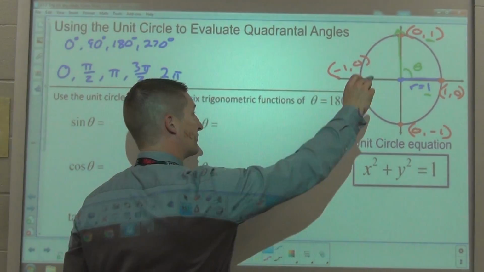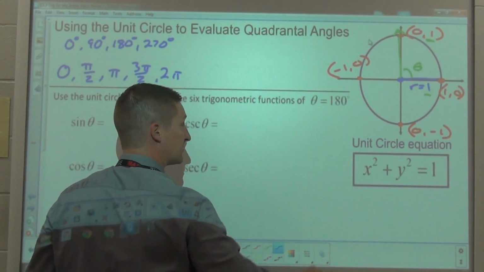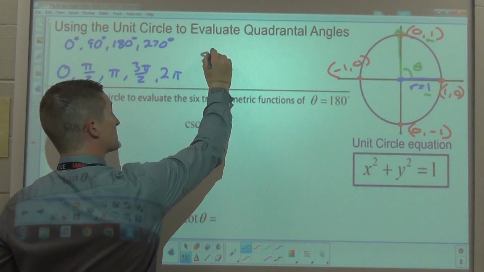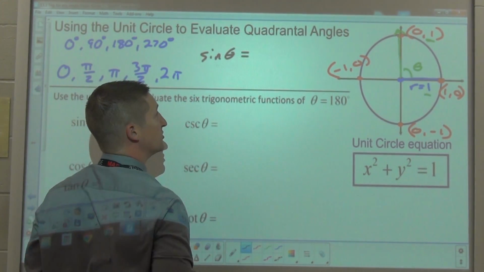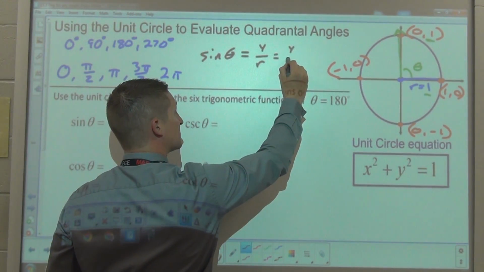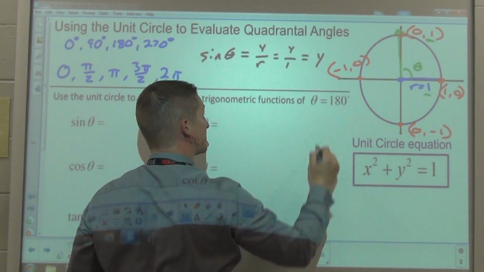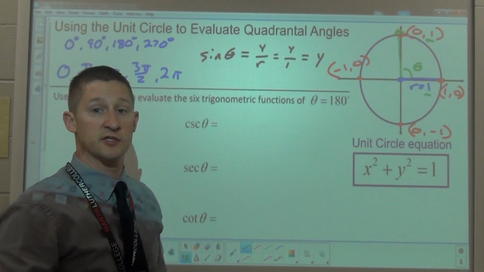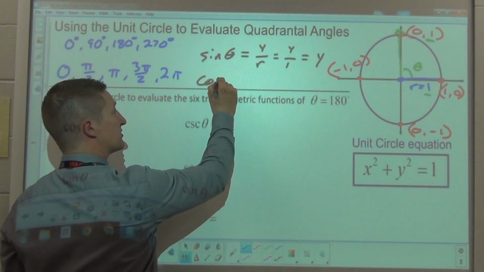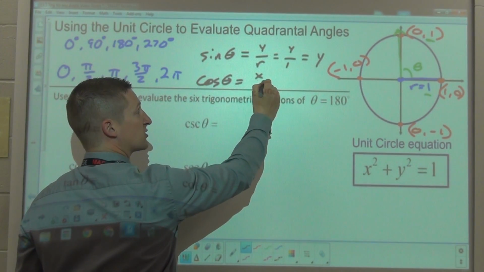Now, another thing that we should write down here: if I'm talking about a unit circle and I am defining the sine and cosine, the sine of theta is usually equal to y over r. If r happens to be 1, that means the sine of theta is equal to just the y value on the unit circle. That'd be it. And cosine, I can do the same thing. Cosine of theta is typically x over r.